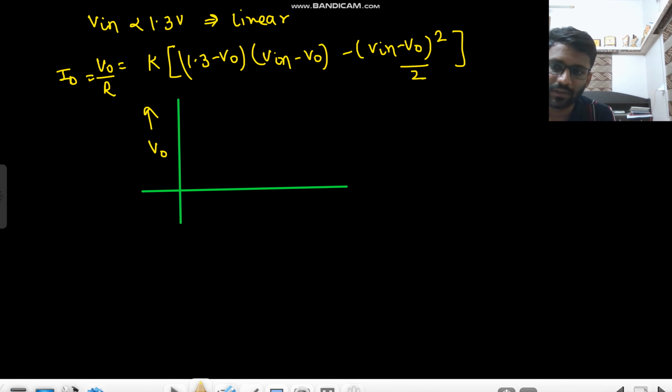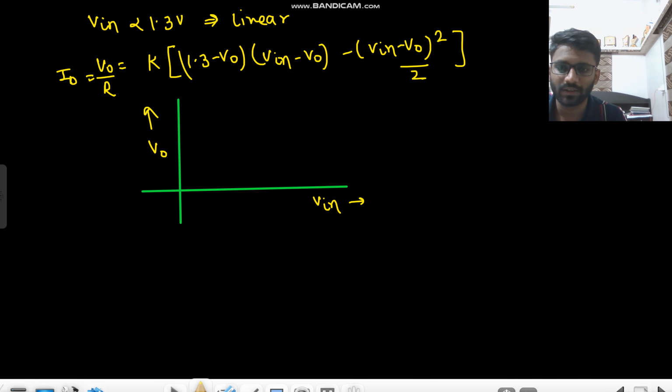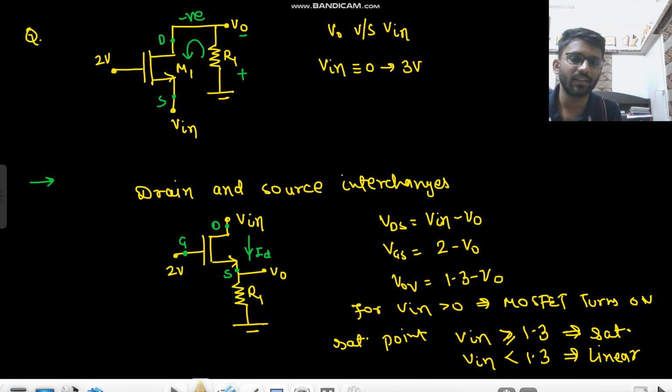This is Vout and this is Vin. If the current increases, that means Vo increases simply. So if Vin increases, Vo will increase, but surely by less than Vin. If Vin increases by 2 volt, Vo will increase by 1 volt only.